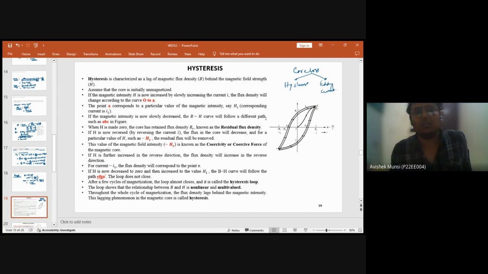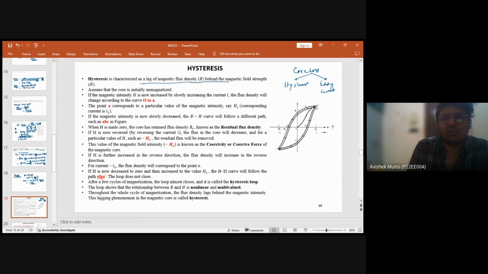The basic fundamental behind the hysteresis loss is that hysteresis is basically a characterization where you can see how much the magnetic flux density is lagging with respect to the magnetic field strength.